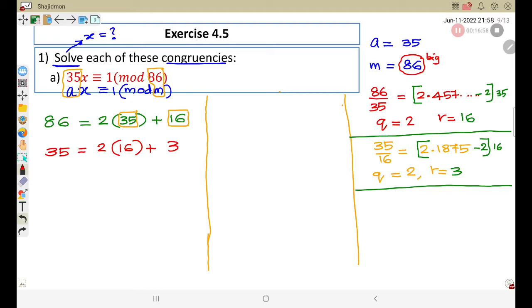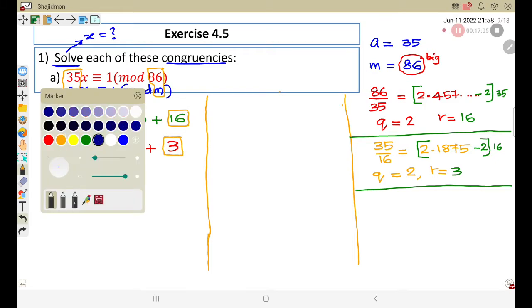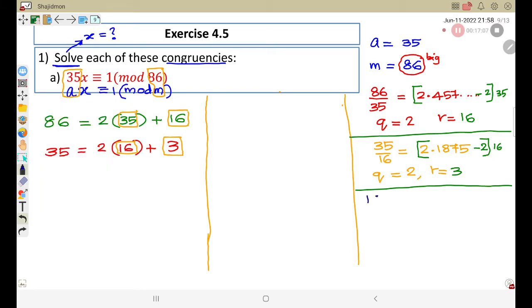Okay, now again we are considering the numbers 16 and 3. So we can write 16 divided by 3. 16 divided by 3 means 5.33, like that it is going. So quotient number means 5. What will be the remainder number? You can check it.